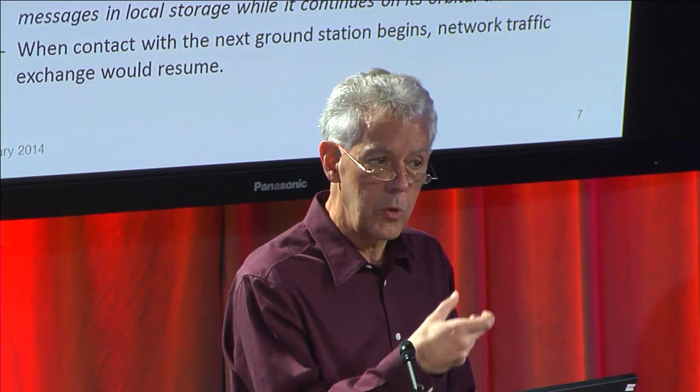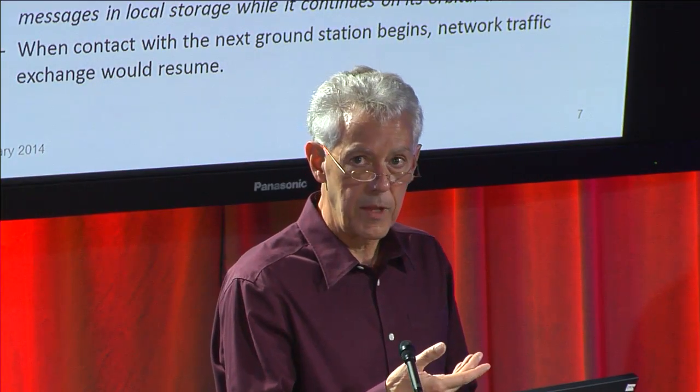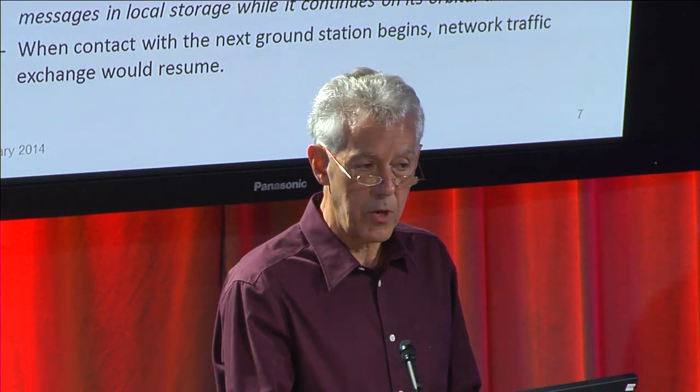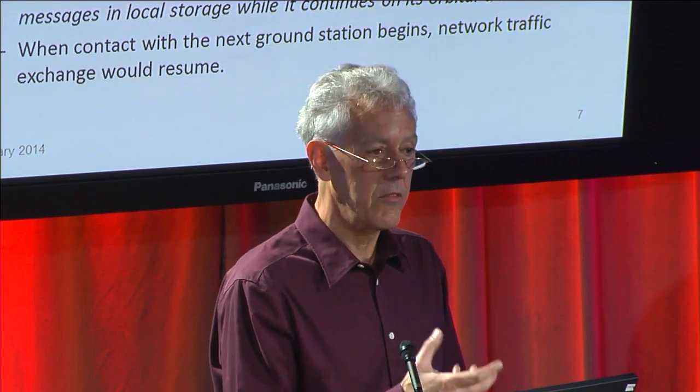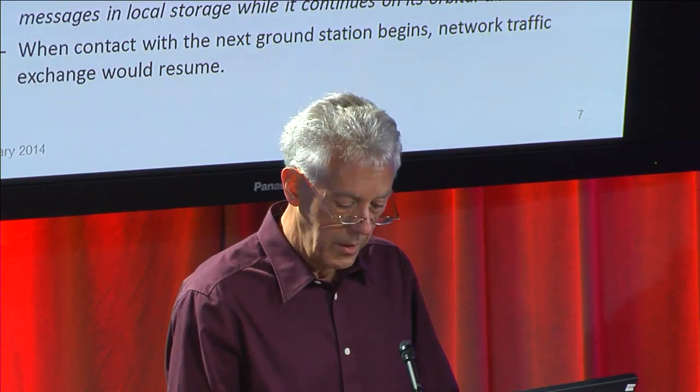There might be some new contact added, and it's very much like the data mule model that Maria was talking about earlier today. The satellite functions as a high-speed data mule in the sky.